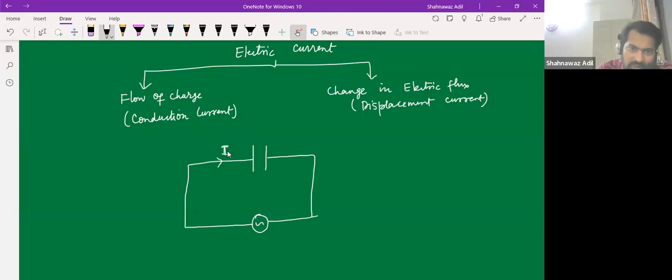This is the flow of charges, which is the conduction current, and inside this capacitor there would be no conduction current, so IC would be zero. But inside this capacitor we have this displacement current. In here, the displacement current is zero. So is this part clear?